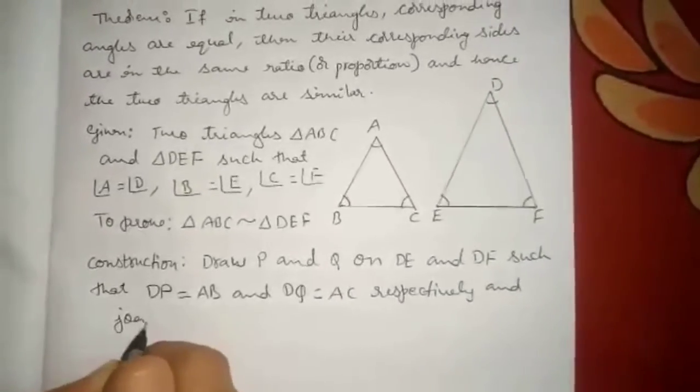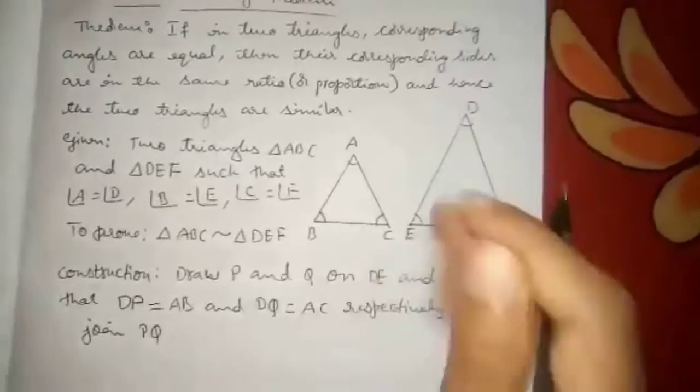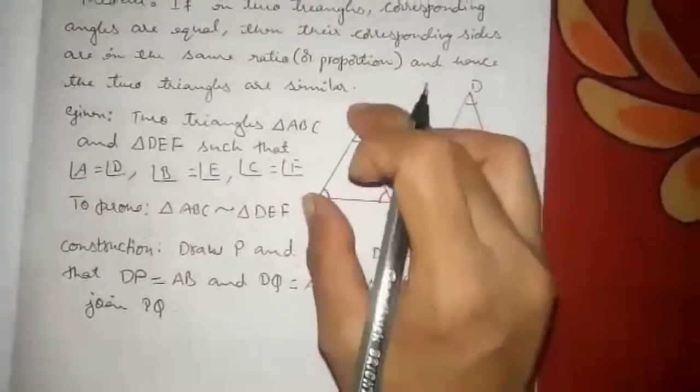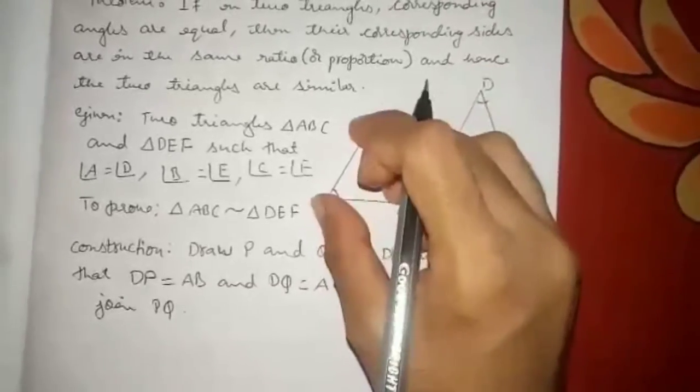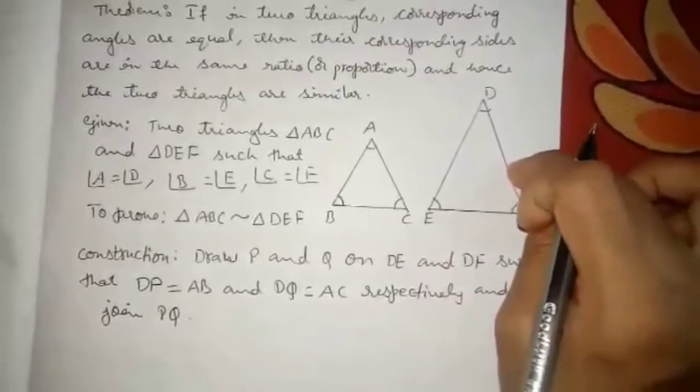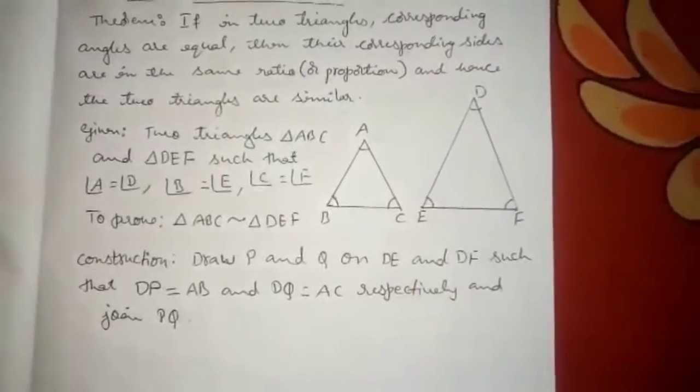You have to join the line PQ. So we mark a point P here, such that it is the measure of AB, and Q also the measure of AC. Then you join a line here. So we'll draw this line.